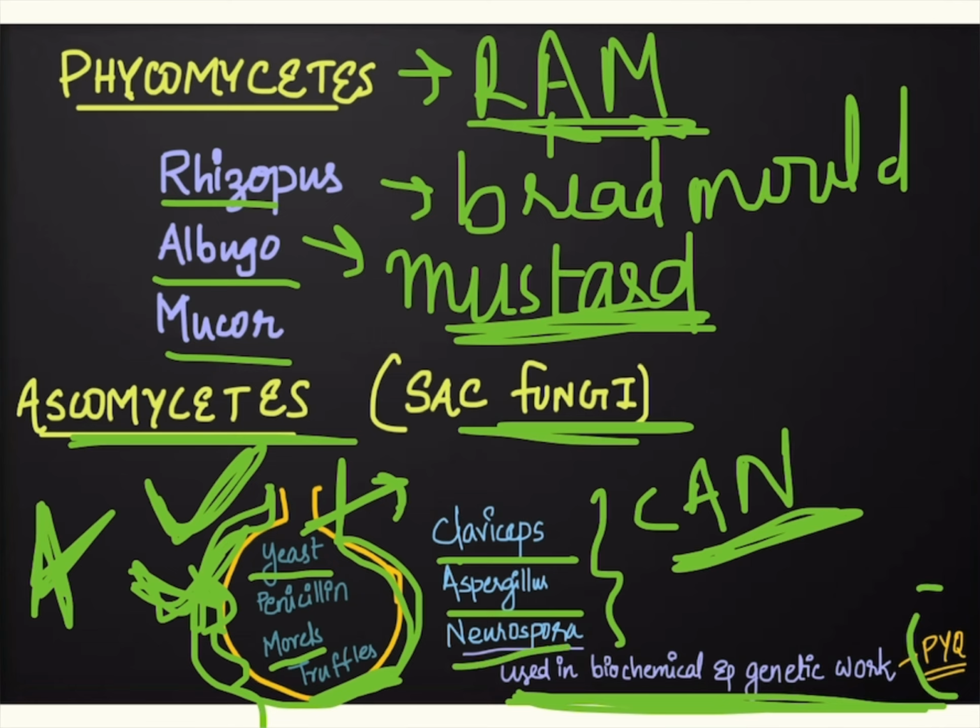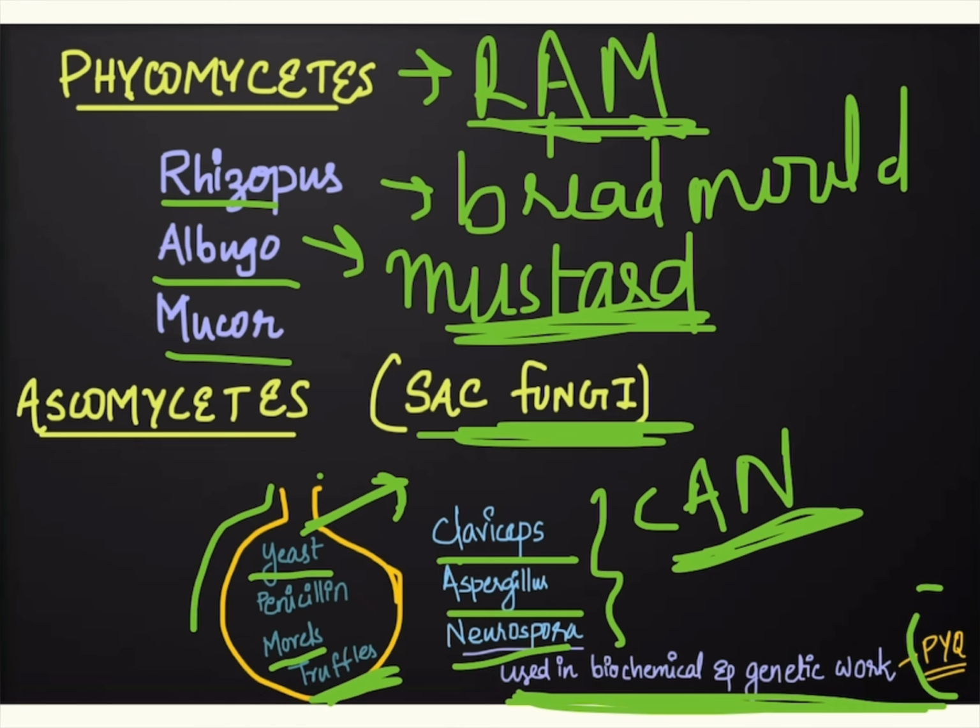So we have to know that Ascomycetes is also known as sac fungi. If we are going for a picnic, we are carrying a sac with us. In the sac we are placing four substances: yeast, penicillin, morels and truffles. Penicillin is the antibiotic and morels and truffles are the edibles, eatables.